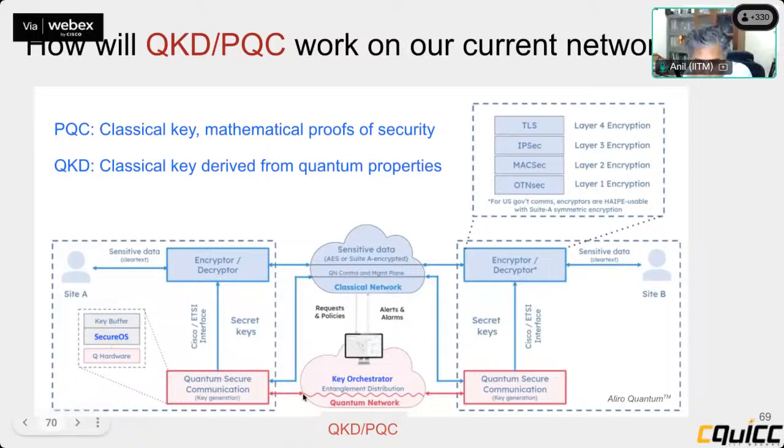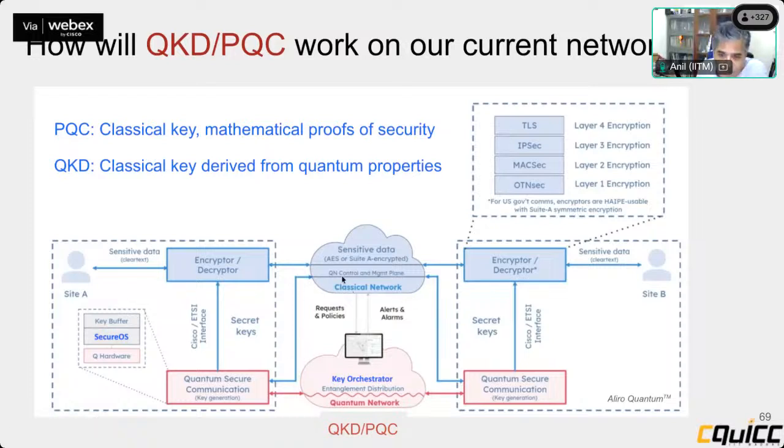If the quantum link in red below is live, then the key orchestrator will generate a quantum key. I'm saying quantum key, but as I said, it's actually a classical key obtained using the quantum properties of light, or they will generate it using post-quantum cryptography, and then they'll transfer it back to the classical network.